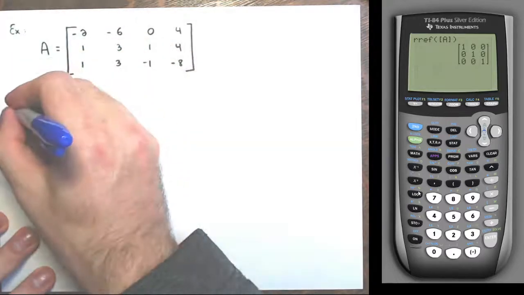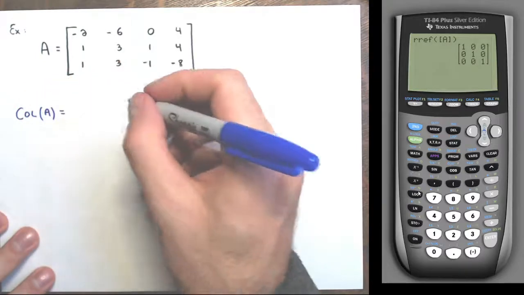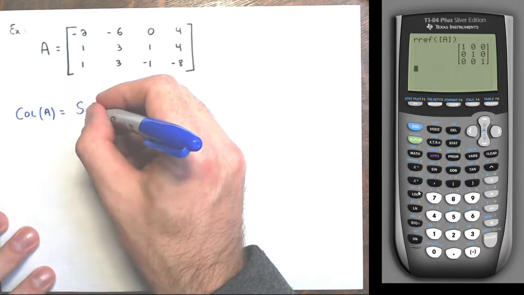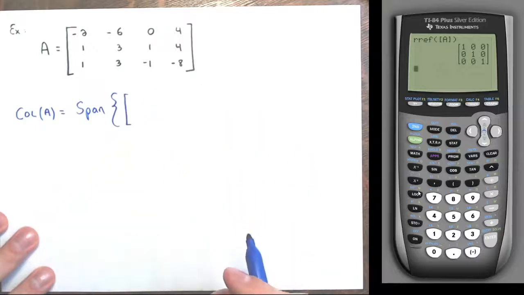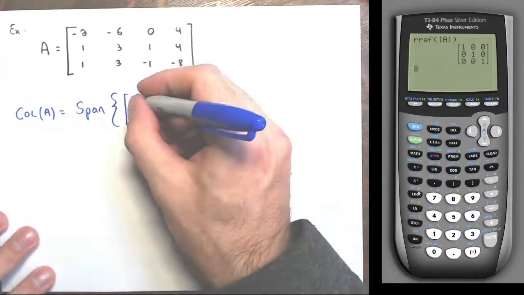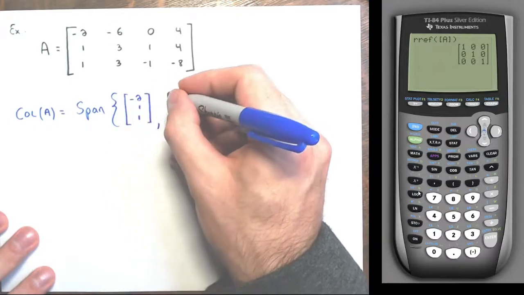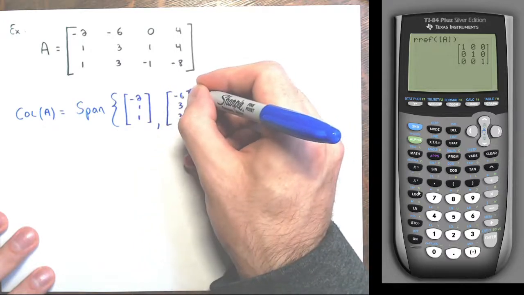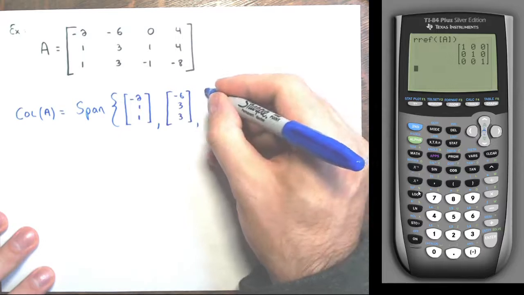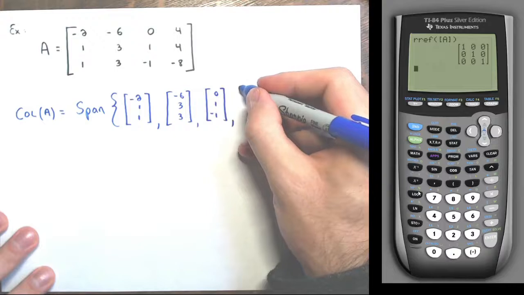Alright, first I'm going to write what the column space is. The column space is the span of these four vectors, and like I did with earlier examples, I'm going to scratch some of them off that aren't necessary, that can be written as linear combinations of the others. So negative 2, 1, 1, negative 6, 3, 3, 0, 1, negative 1, and 4, 4, negative 8.